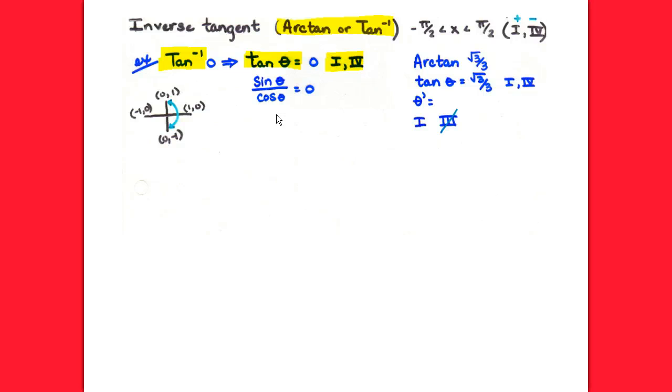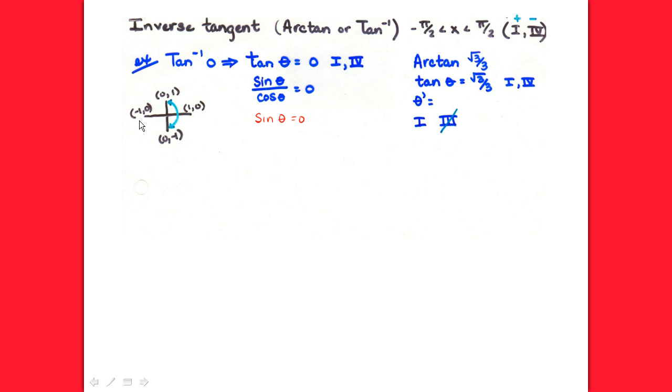The only way a fraction ever equals 0 is where its numerator equals 0. So we could make this even a little simpler by saying sine over cosine is going to equal 0 wherever sine equals 0. And then I could just look at my chart and say, okay, where on this chart is my y value 0? Well, that's over here at 0 and over here at pi.